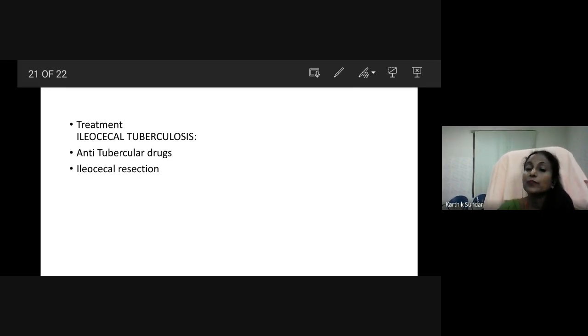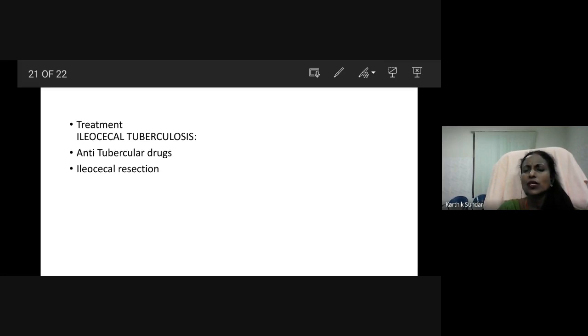If you're going to operate, of course, you will get the specimen for histopathological examination. If it is inoperable, then you take a biopsy from the peritoneum or omentum, and after obtaining the result, you put the patient on antituberculous treatment. So this is how you manage tuberculosis.